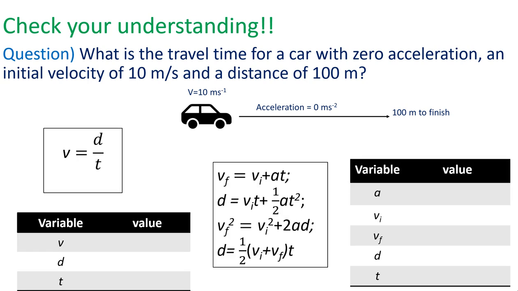What I want you to do to begin is to fill in the table which you think is the correct form and find the equation which has the travel time but does not have anything that you're missing from the table. I'll give you a moment to pause the video and try to answer the question without looking at the answers or without waiting for me to give you the answers.